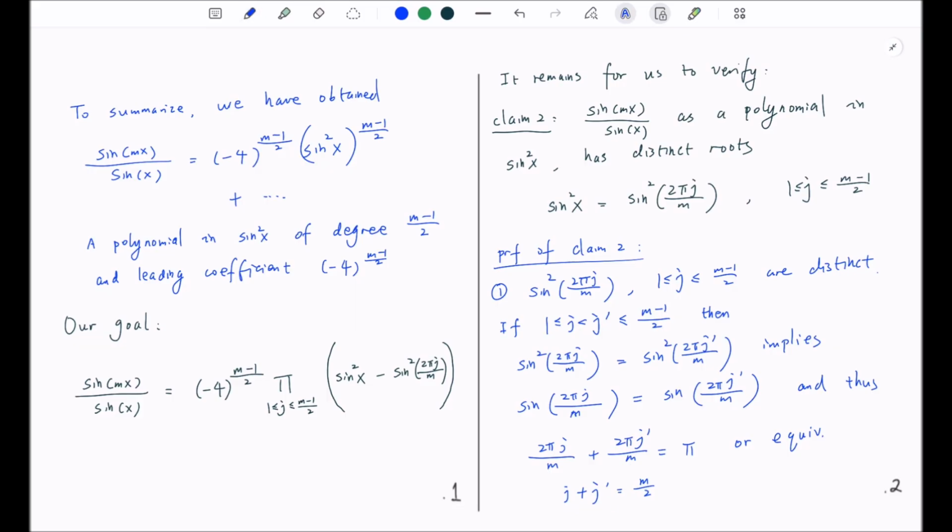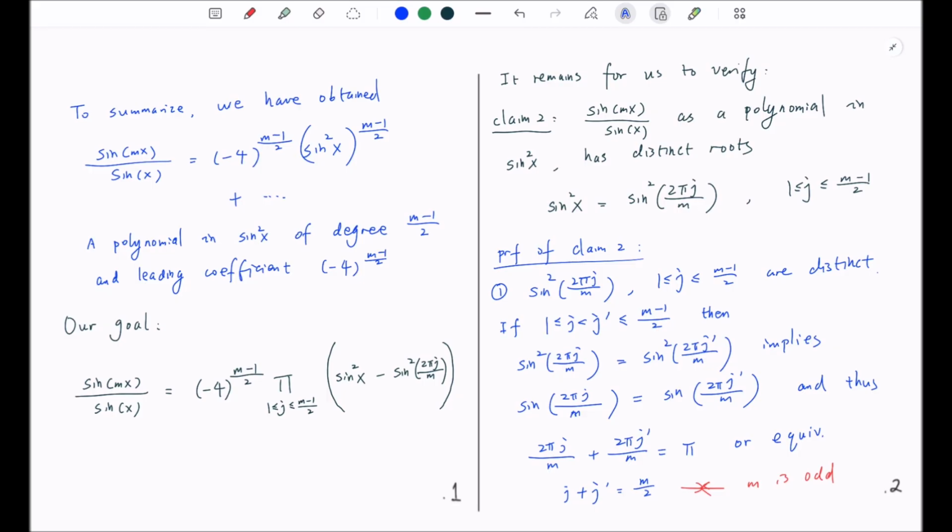But this is impossible because we have already assumed that m is an odd number. There's a contradiction to the assumption that m is odd. Left hand side is an integer and right hand side is a half integer. So these n-1 divided by 2 many numbers are indeed distinct.